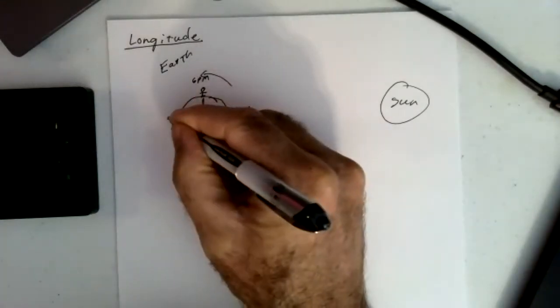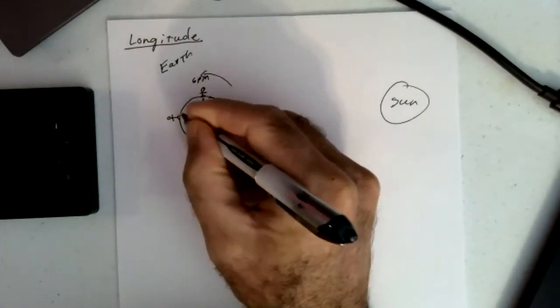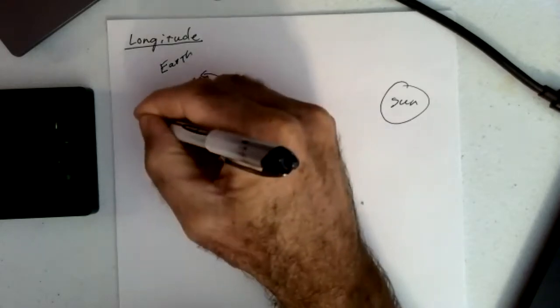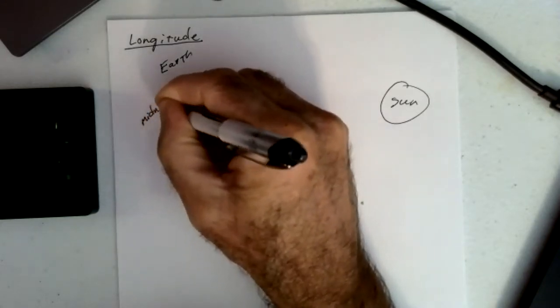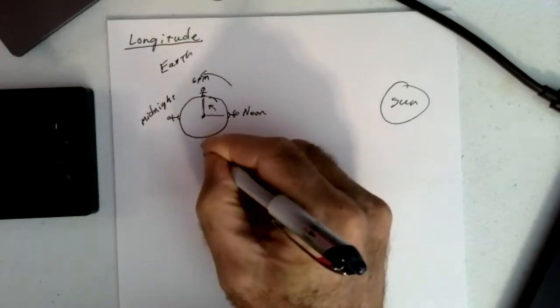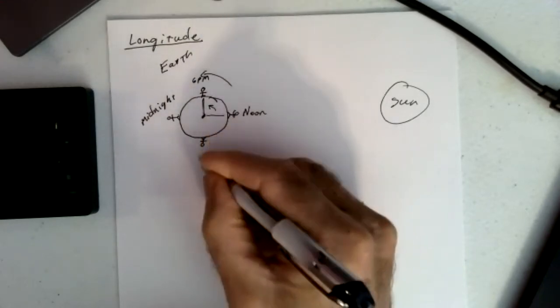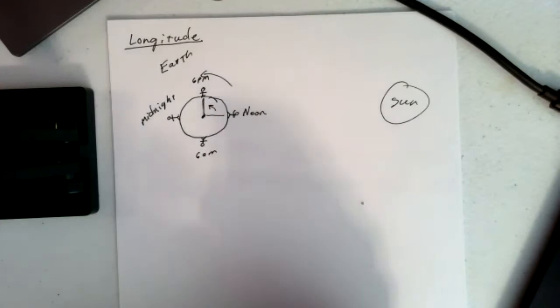Same thing when you're over here, we've rotated 6 more, or we're exactly opposite. This is midnight. And then when you're down here, this is 6 a.m.